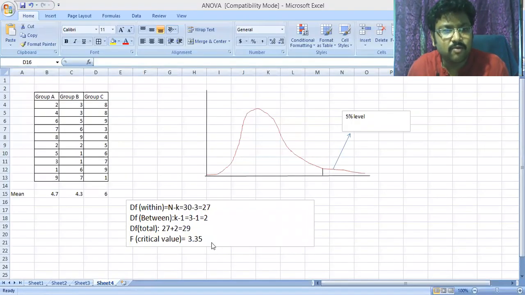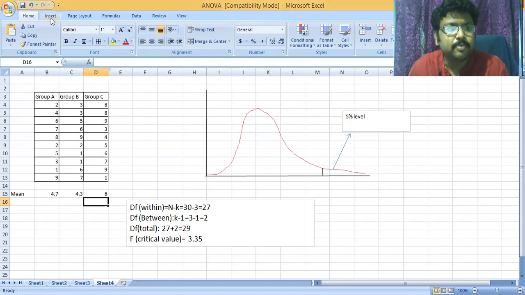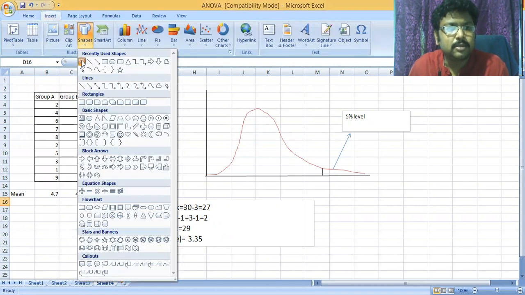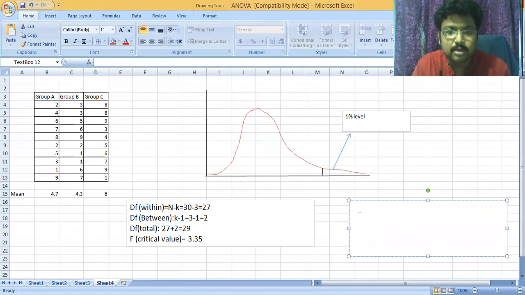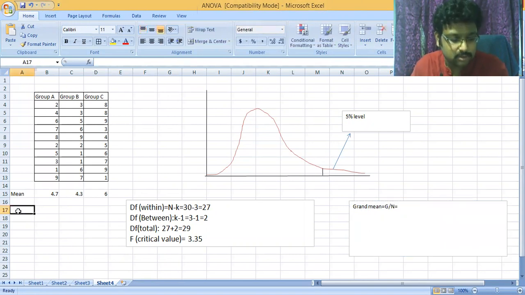The formula for calculating the grand mean, I am writing here: grand mean equals grand total divided by total number of observations. So what is the grand total?